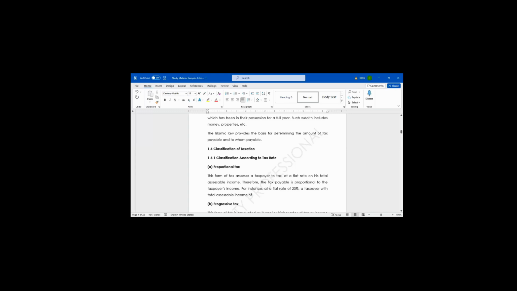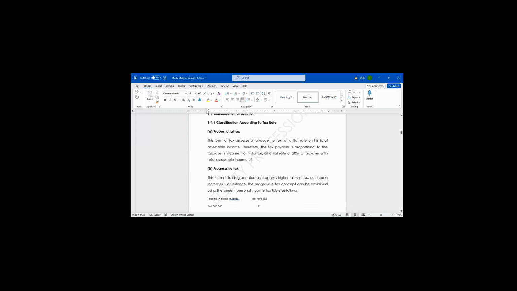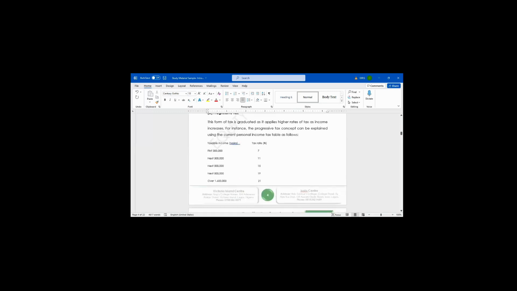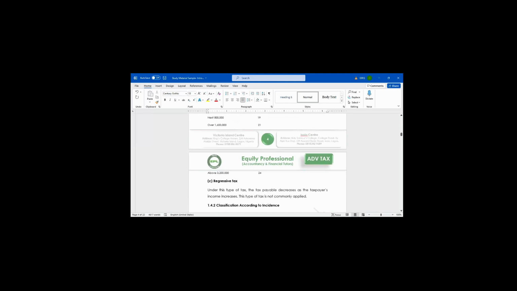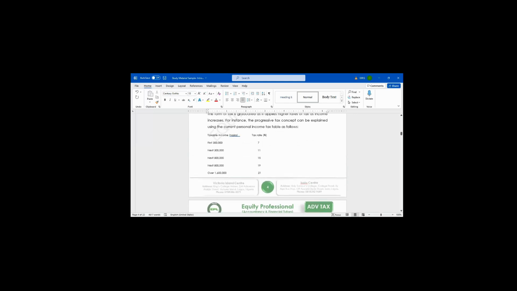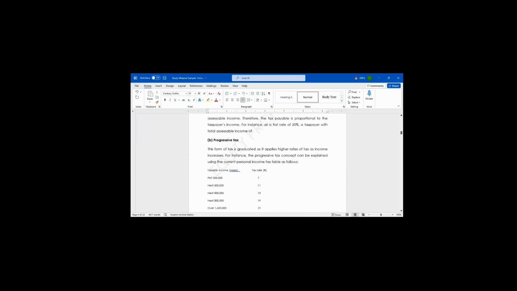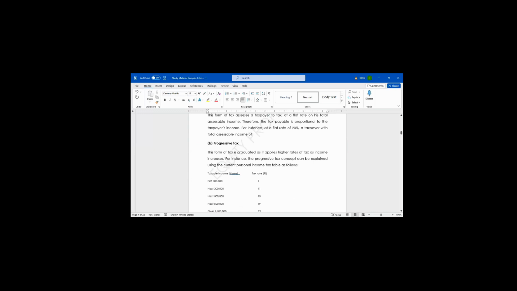What do we understand by progressive tax? Progressive tax is a tax system where the tax rate increases as the income level increases. In progressive tax, as your income is increasing, the tax rate that you are going to pay on such income will also increase.